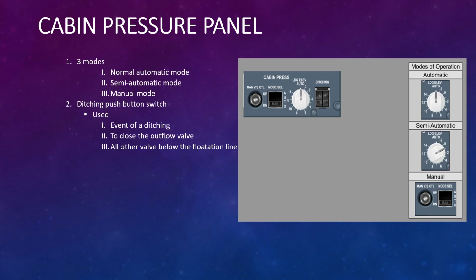It is used in events of ditching, which closes all the valves below the flotation line. So all of those will be closed except for one very important valve, which is the safety valve.